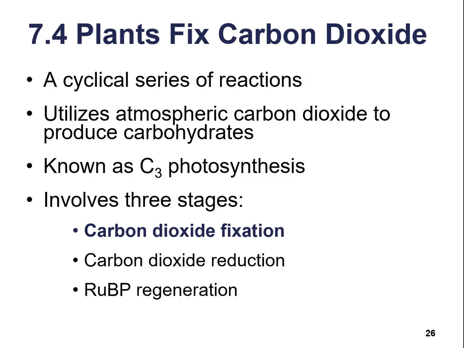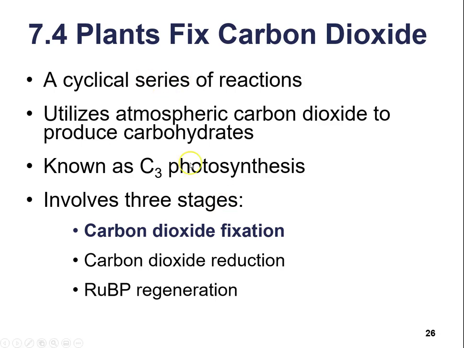The function of the Calvin cycle is to make carbohydrates. The Calvin cycle is called a cycle because it's a cyclical series of reactions. It's going to take in carbon dioxide from the atmosphere and produce carbohydrates with that carbon.